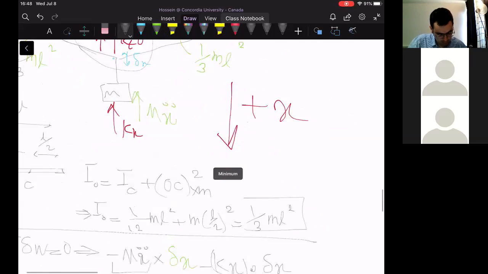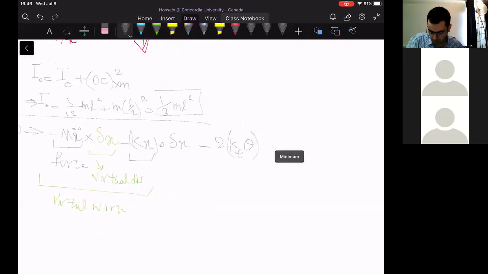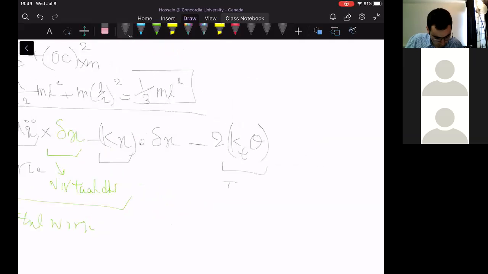You have to calculate the corresponding torque: minus 2 kt multiplied by theta will give you the torque, and torque multiplied by virtual rotation will give you work, as I proved in the upper part.